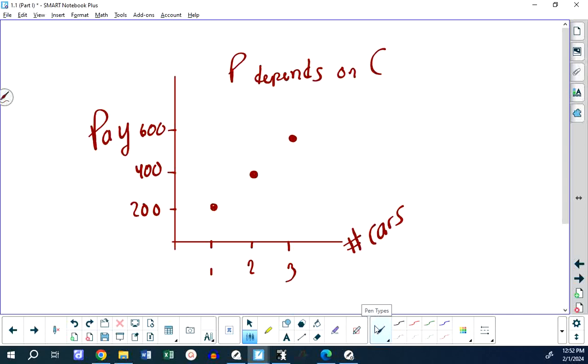Why is this graph, and by the way, I could also put 0, right? Bit of a drag, didn't earn anything that day. Why is this graph not telling us what's going on? What's wrong with it?